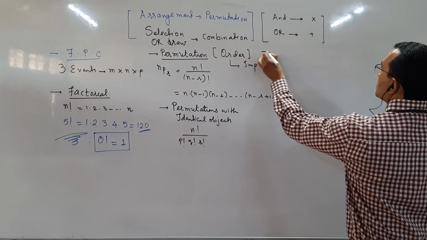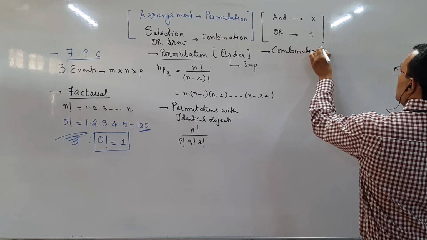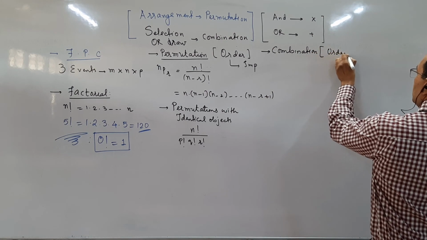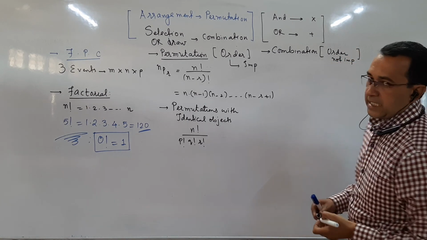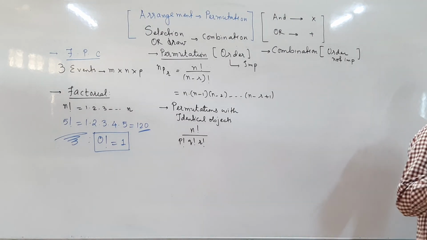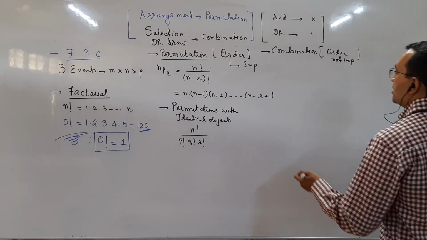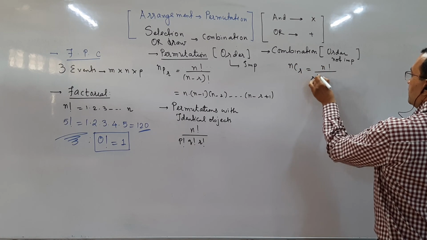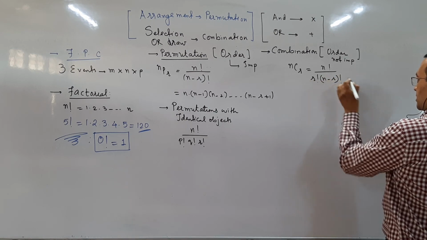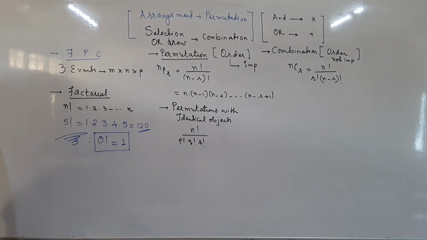Now define combination. The total random selections of r things out of given n things is called combination of r things, denoted by nCr, and the formula is n factorial upon r factorial into n minus r factorial.